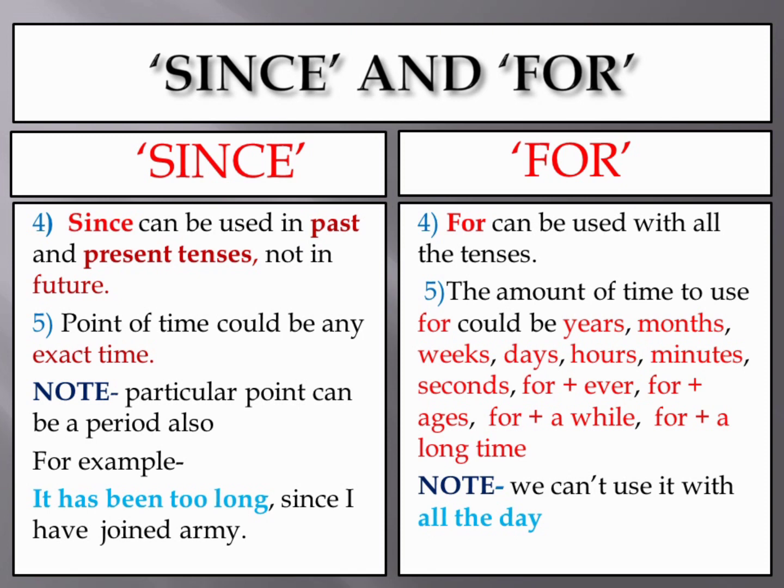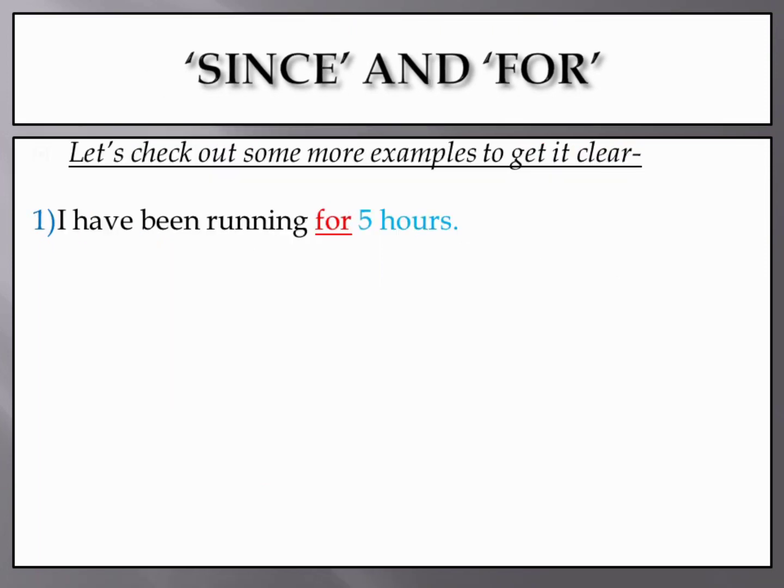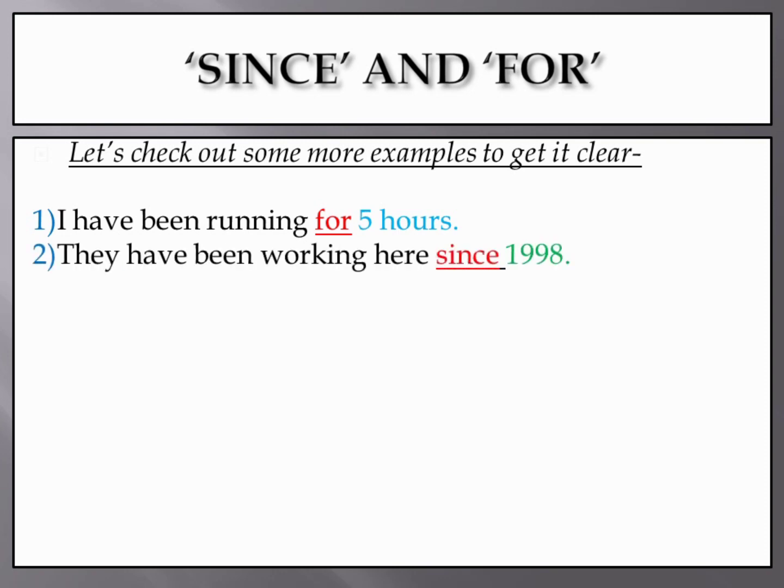Now let's check out some more examples to get it clear. The first example is I have been running for 5 hours. Here we are talking about 5 hours, which is a period or duration of time. That means I started running in the past and till now it has taken me 5 hours. So we used for here.